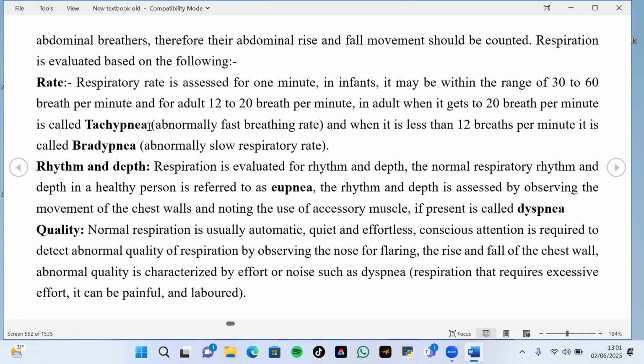It might be within the range of 12 to 20 breaths per minute. In adults, when it gets to 20 breaths per minute, it's called tachypnea, abnormally fast breathing rates. But when it is less than 12 breaths per minute, it is called bradypnea. That is abnormally slow respiratory rate.